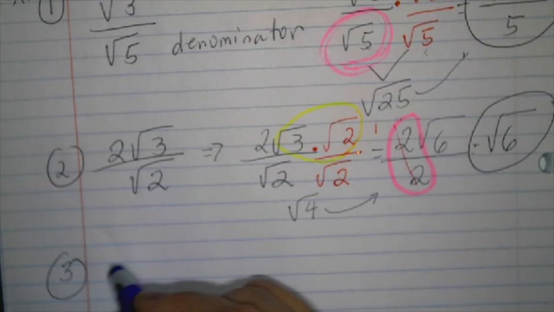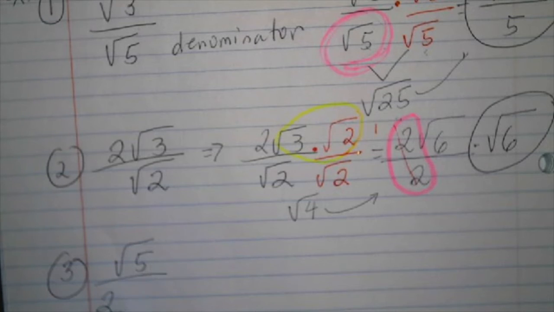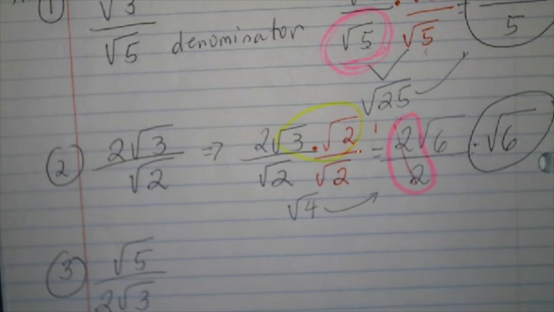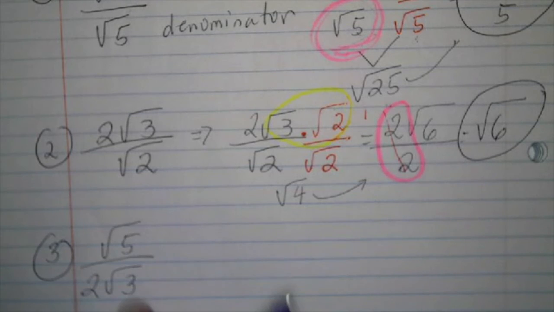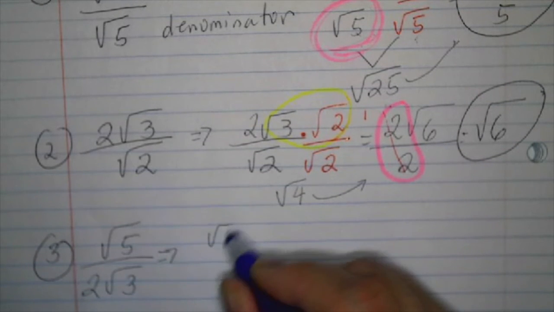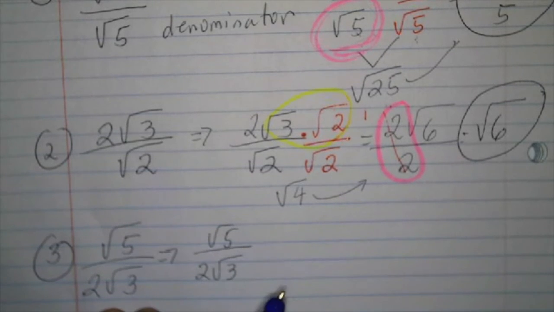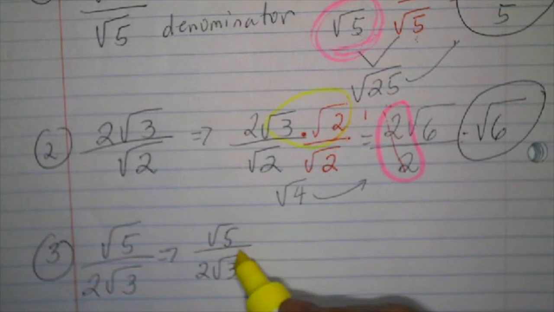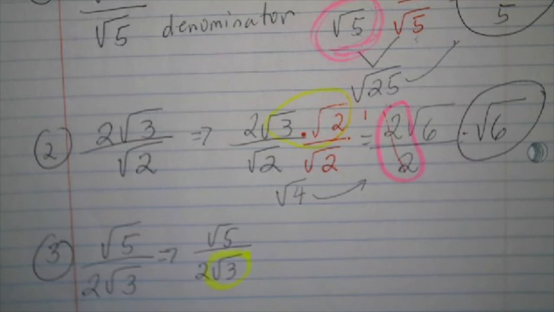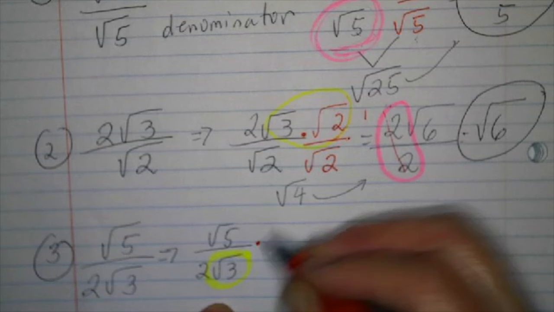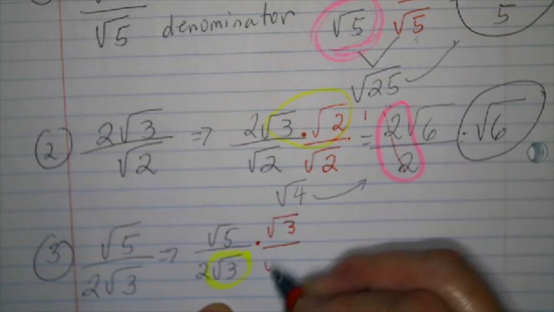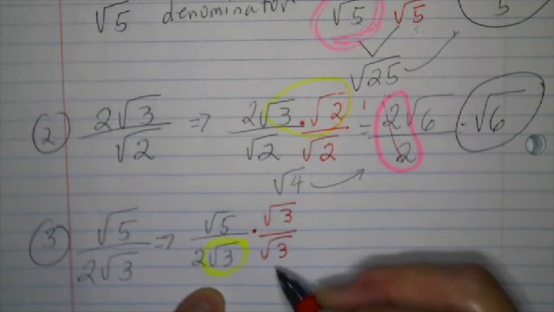Look at the difference. All right. Example 3. Square root of 5 over 2 square root of 3. Again, let me rewrite that one, because that is my original problem. Rewriting square root of 5 over 2 square root of 3. I only multiply whatever is the radical. Do not include the 2. 2 is not in radical form.